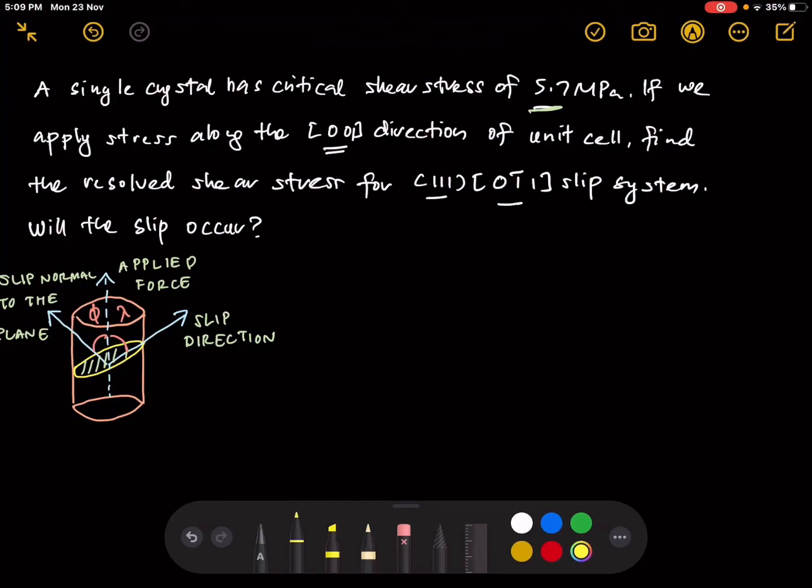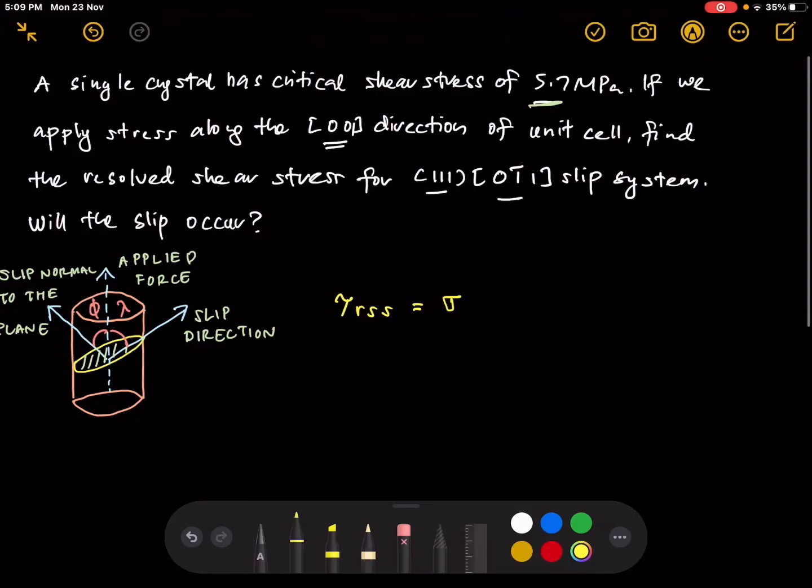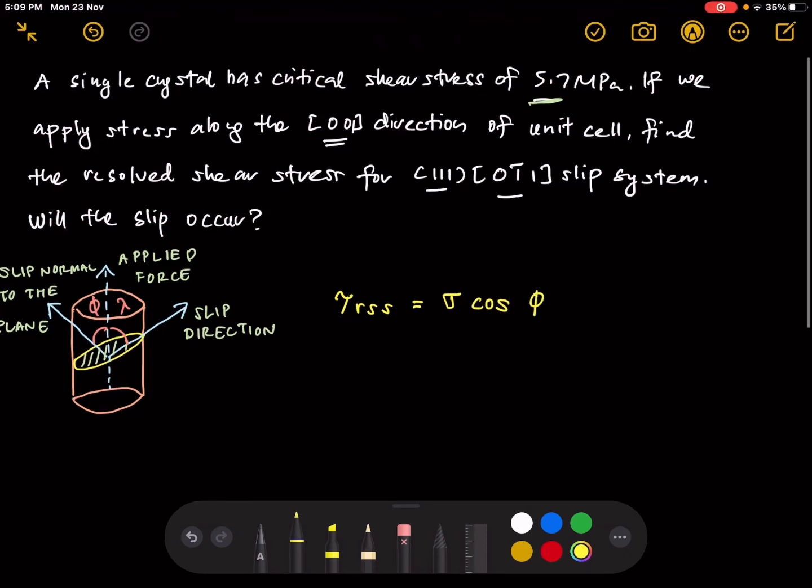So the resolved shear stress equals the applied stress sigma times cos phi, the angle between the slip normal to the plane and the applied force, times cos lambda, the angle between the applied force and the slip direction.